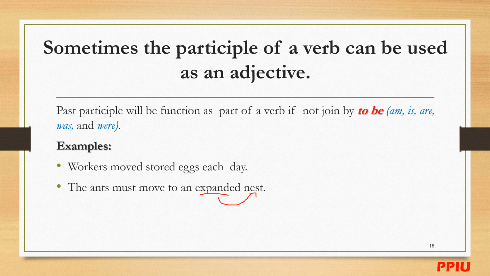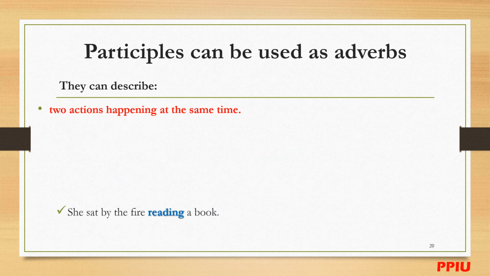Here, move is a verb, but stored modifies the noun. You got it? So I just clarify here: when it is not preceded by to be, it acts as an adjective and modifies a noun, right?